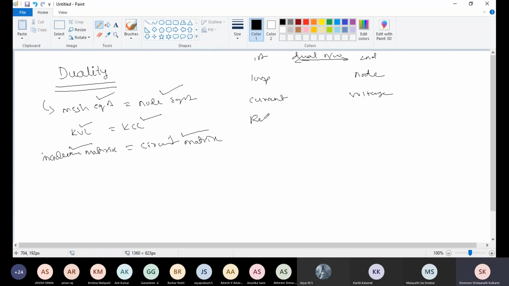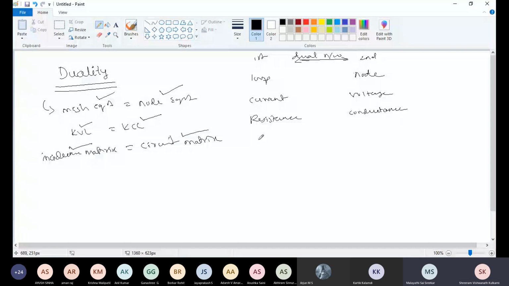Then in the loop, resistance is there. Then the reciprocal of resistance. What is the reciprocal of resistance? Conductance.